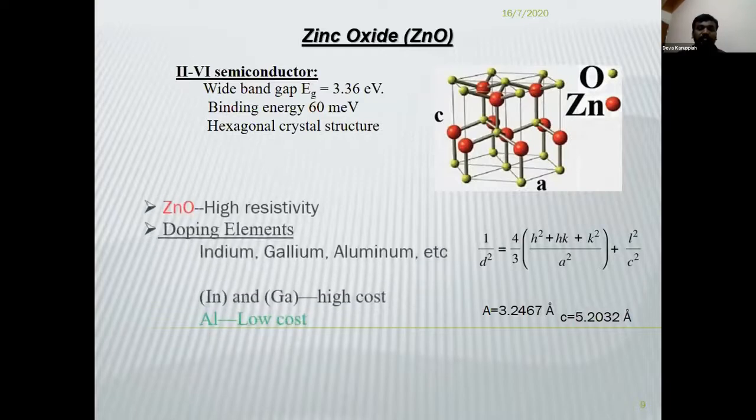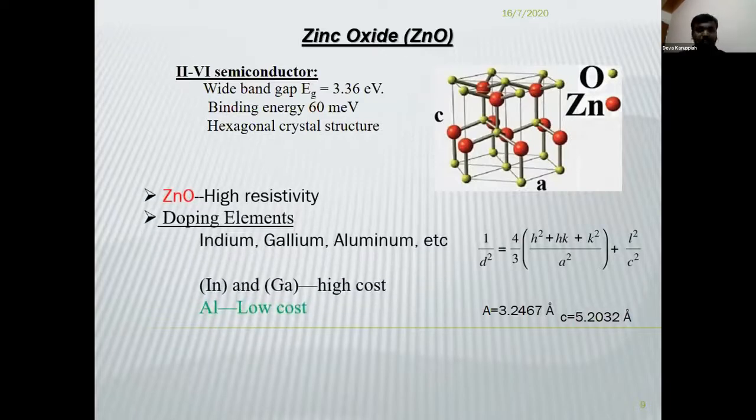Usually zinc oxide is a highly resistive material, but if we prepare a TCO material, we should improve its electrical property. So in that case, we include some impurity elements into the zinc oxide. Group 3 elements are best to dope into zinc oxide to improve the electrical performance.